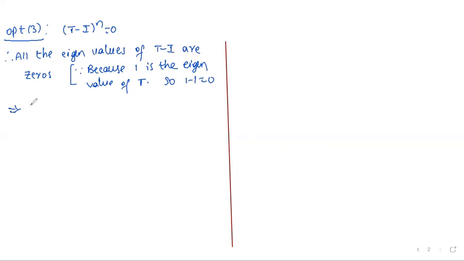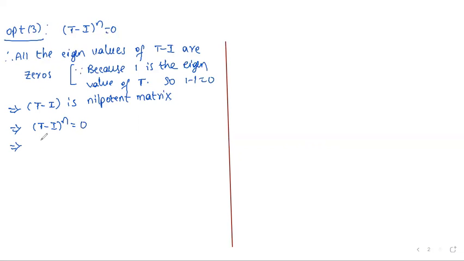That implies T minus I is a nilpotent matrix. By the definition of nilpotent, (T minus I)^n is equal to 0.